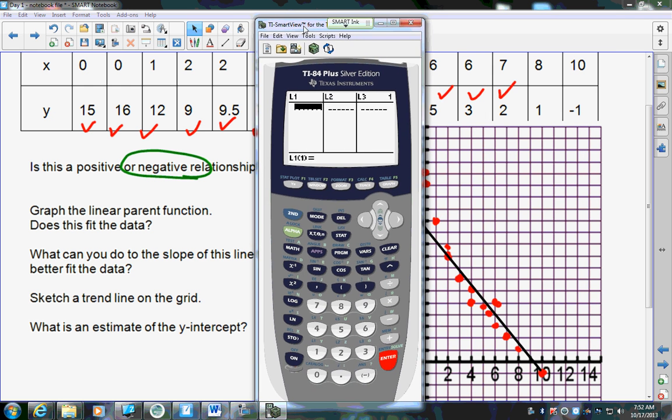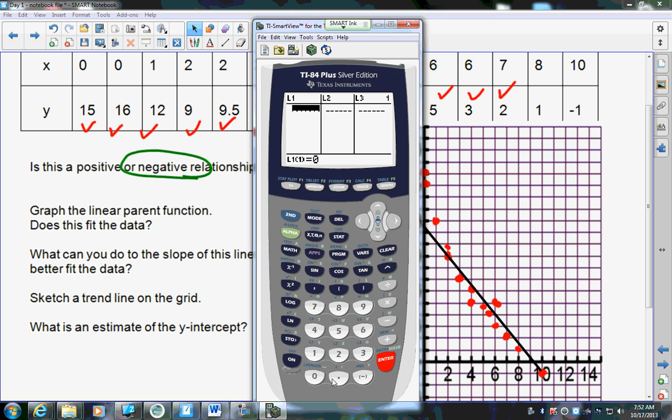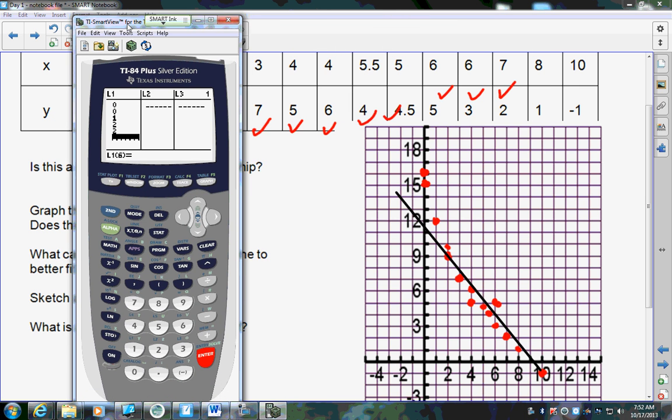So the first ones I've got: 0, enter, 0, 1, 2, 2, 3, 4, 4, 5.5, 5, 6, 6, 7, 8, and 10. To clear your memory, it's second plus sign 712.